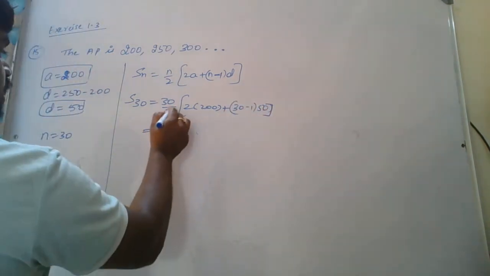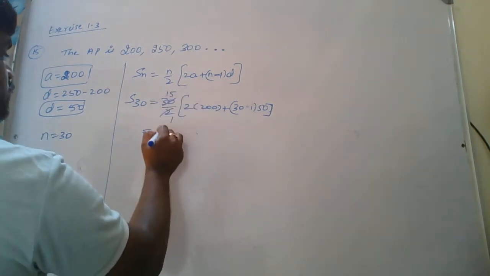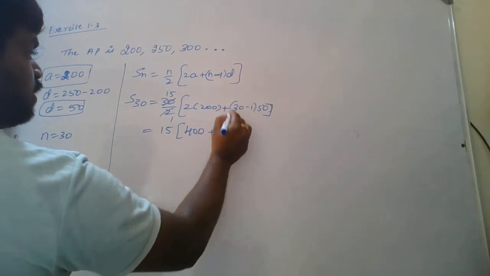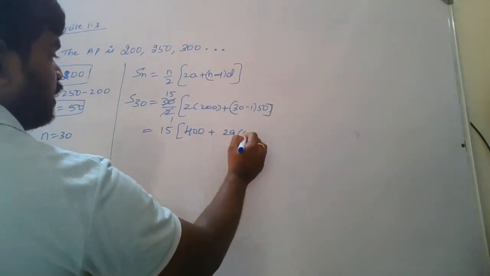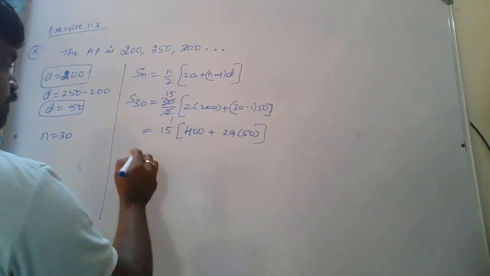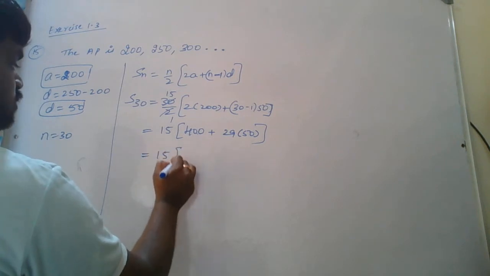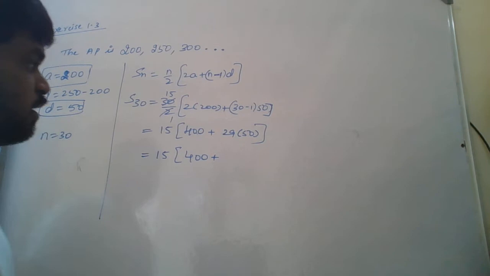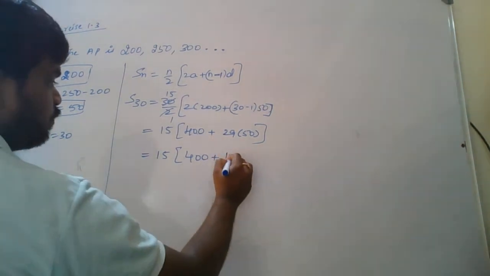So 30 by 2, 2 into 200 plus n is 30 minus 1, d is 50. So 30 by 2 is 15. 15, 2 into 200 is 400 plus 30 minus 1 is 29 into 50. So it becomes 15 into 400 plus 29 into 50, which is 1450.